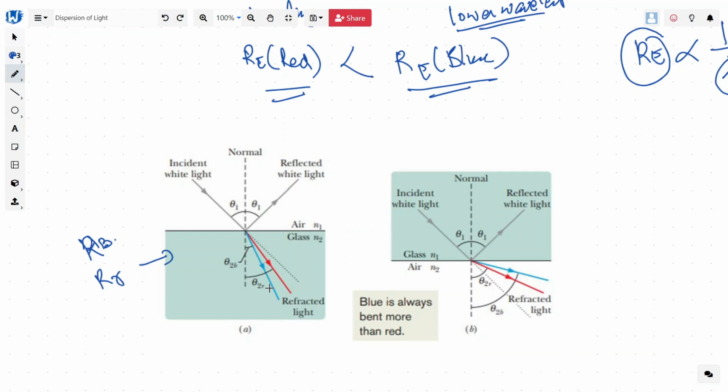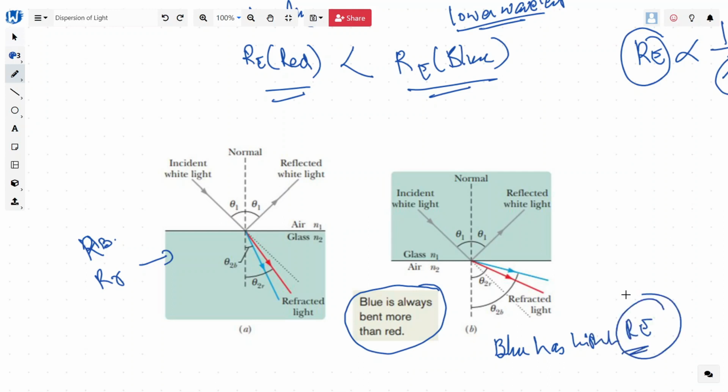So blue light is going to bend more. Similarly, when it is going from the denser medium to a lighter medium, again it is going to bend more because the blue has a higher refractive index. It is going to bend more, and red is going to bend less.